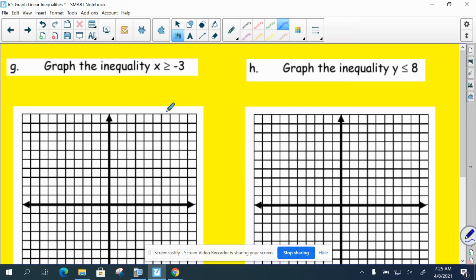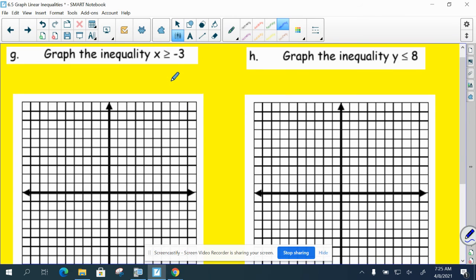Okay. And then if you have x equals, that's a vertical line. So we would put a point at x equals negative 3, which is right here, and draw our line vertically. Since it's equals, that means we use solid. Here's the tricky part that some people get mixed up on.